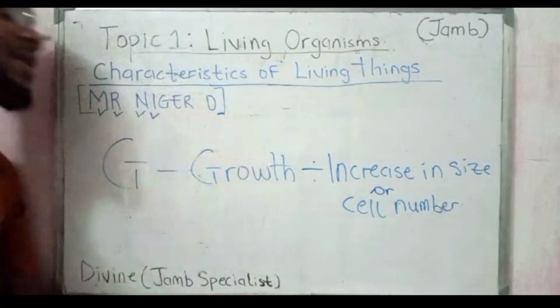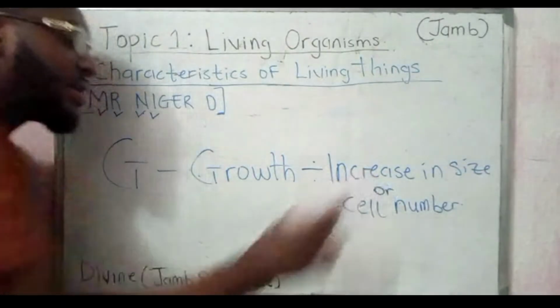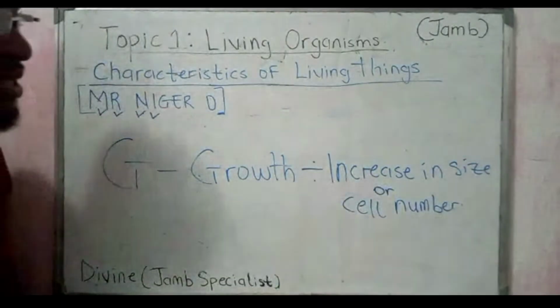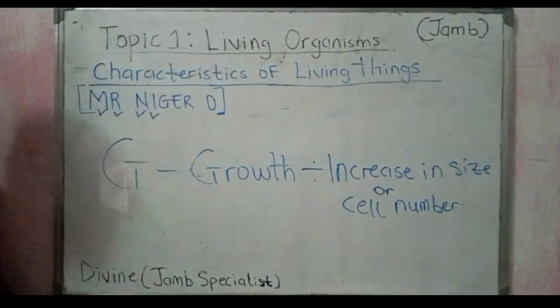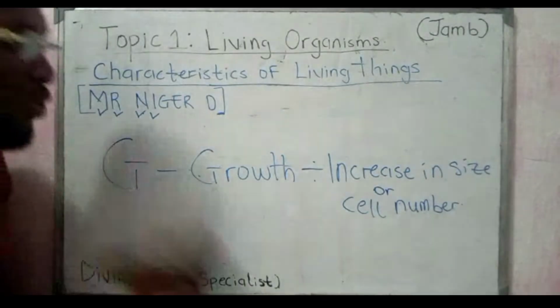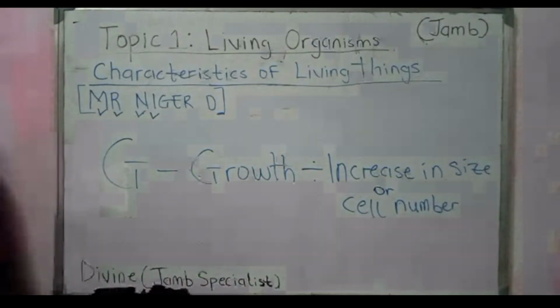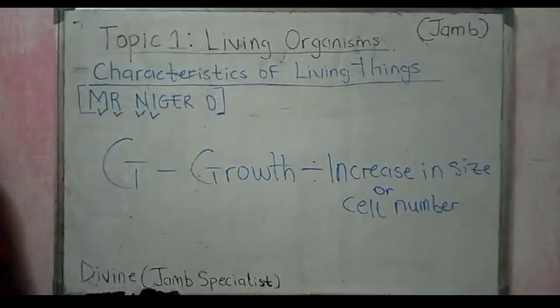But for animals, take note, growth in animals is limited, while for plants it is unlimited. You see plants continue growing, they will keep growing. Animals will grow to a certain point and then stop growing. So growth is a very important characteristic of living things.